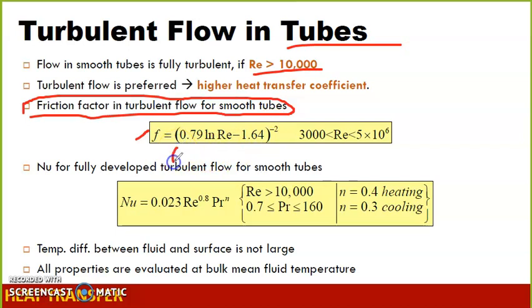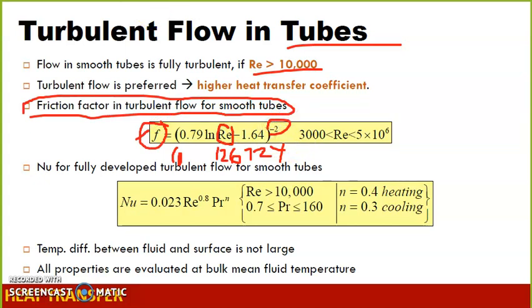We already know our Re is 126,427. Just substitute the value of Re here, then we can solve for the friction factor. Take note, this is to the power of negative 2.